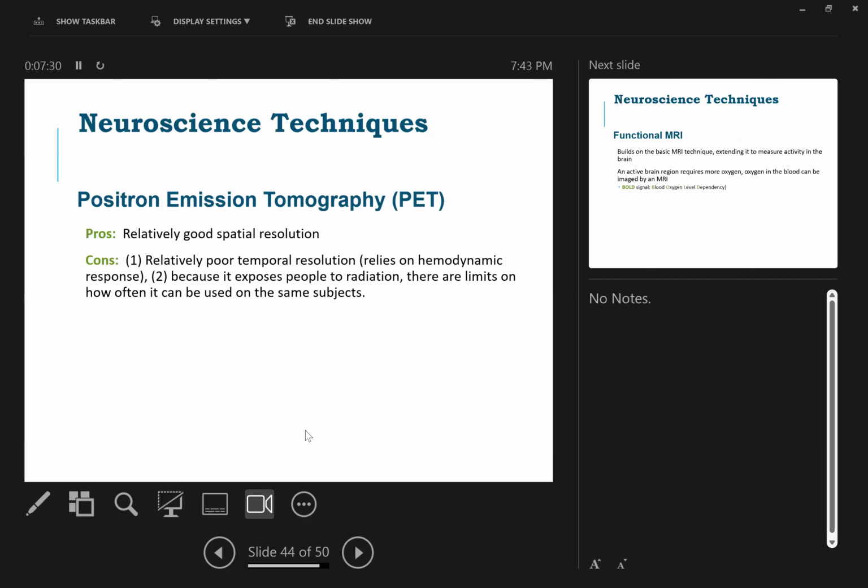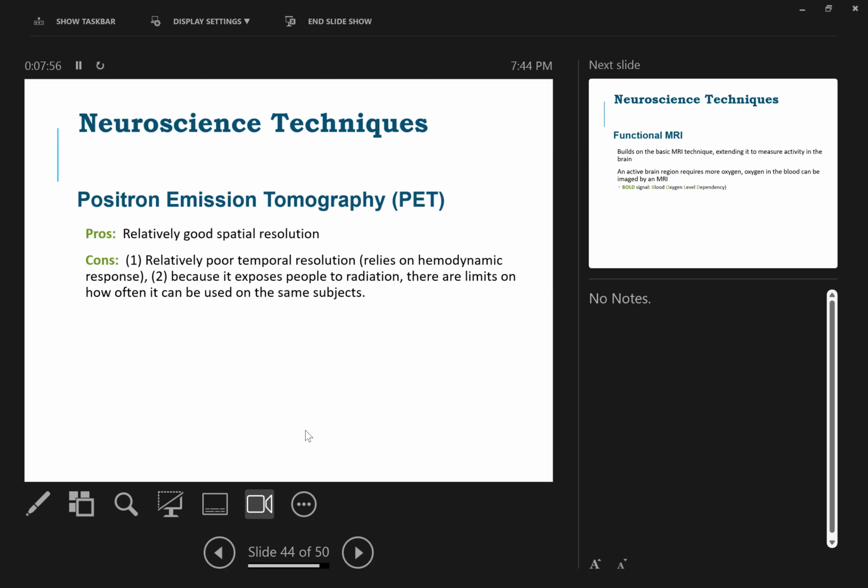Okay, what are the pros of this approach? As I said, it has relatively good spatial resolution versus some other methods. What are the limitations of such an approach? Well, the temporal resolution, because you're recording the hemodynamic response, the blood flow, and blood flow is much slower than neural activity.